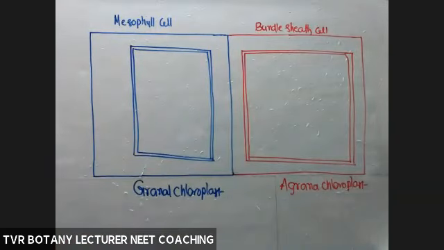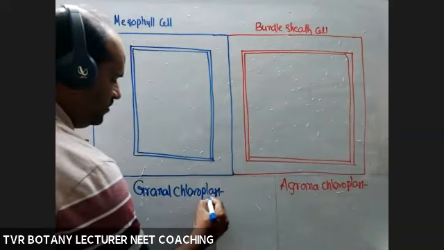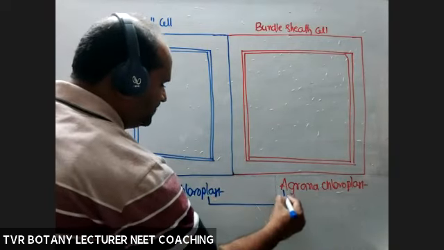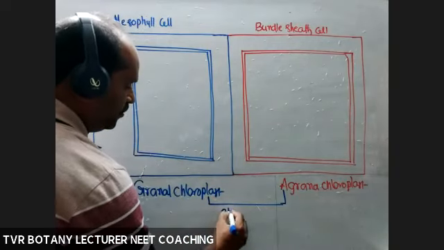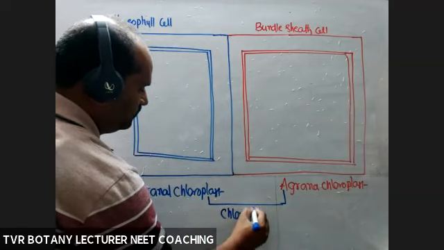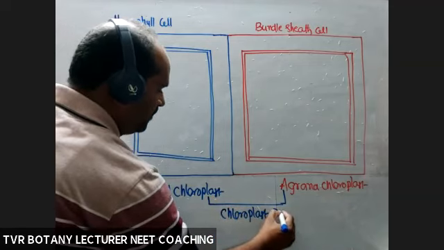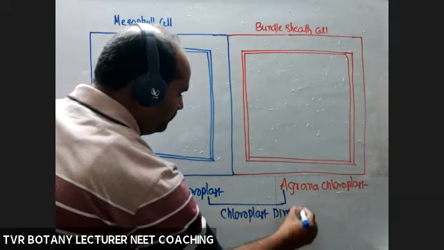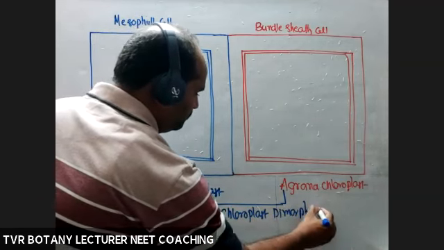In 2020, they asked this question. In C4 plants, what about the types of chloroplast? Granal, agranal. So how many kinds? Two kinds. So this is chloroplast dimorphism. This is very, very important.